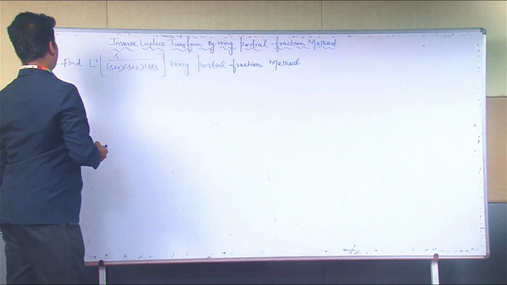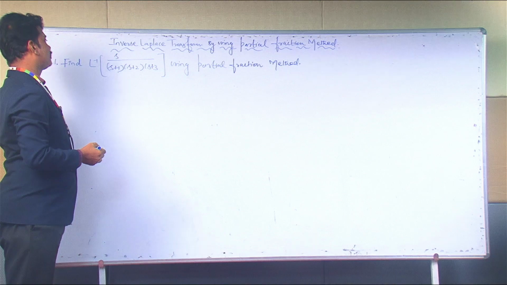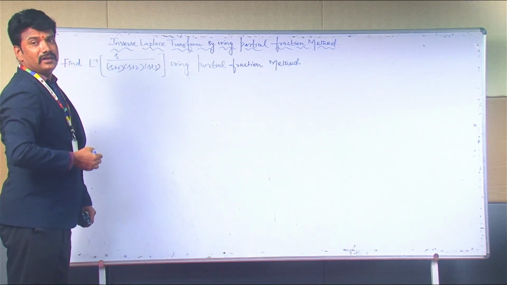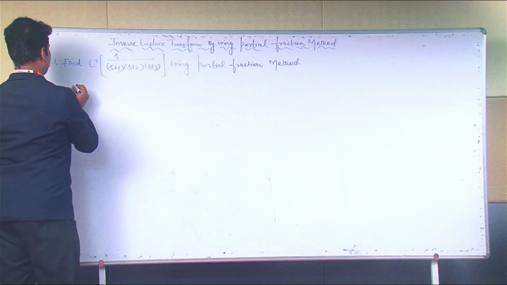Look at the question. Find L inverse of s divided by s plus 1 into s plus 2 into s plus 3 using partial fraction method. Already you know how to split, how to use the partial fraction for the given function.